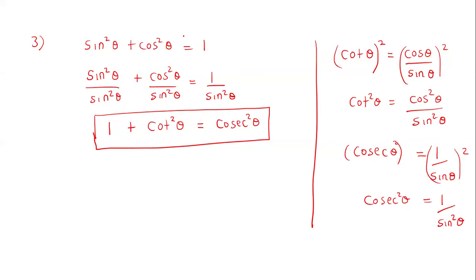Now we are going to start proving the identities. The next thing we are going to look at is proving the identities. The number of identities we have in trigonometry are many, but now I've given you the foundation. And for trigonometry, once you understand the foundation, other topics are going to become easy.